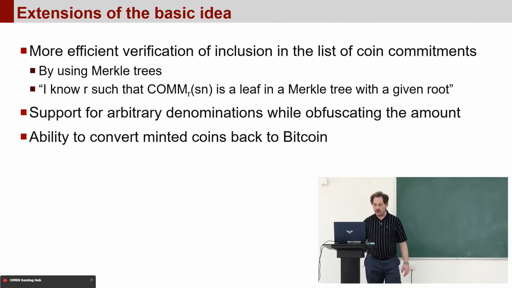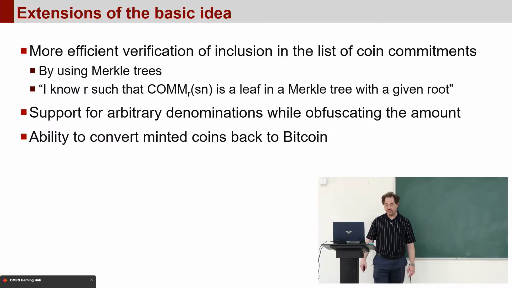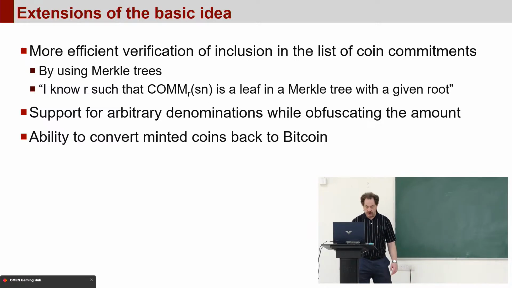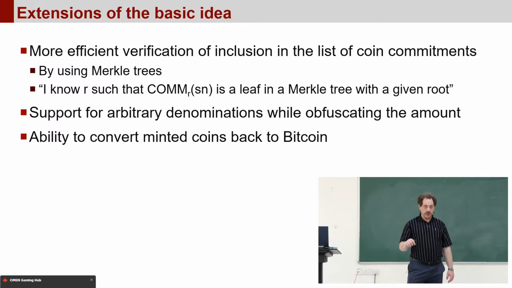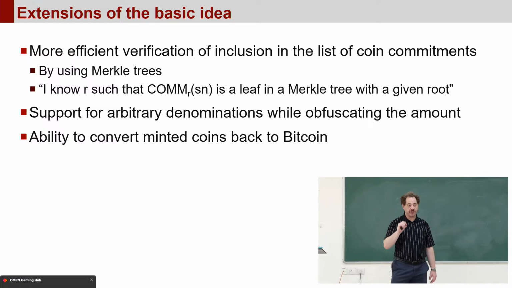So the extensions of the basic idea, the first extension is more efficient verification of commitment inclusion in the list of coin commitments. Now you don't need to sequentially scan all commitments on the ledger in order to verify if a given commitment is there.